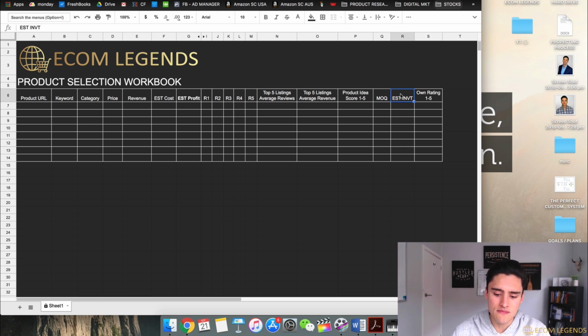Then the estimated investment. Once we know the estimated cost and the MOQ, we'll simply multiply these two, and we'll arrive at the estimated investment. And why is this important, guys? Because our situations are all different. I might have whatever to invest.